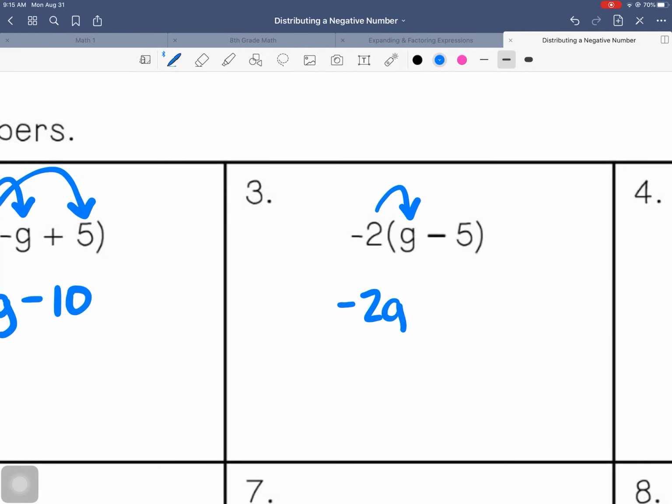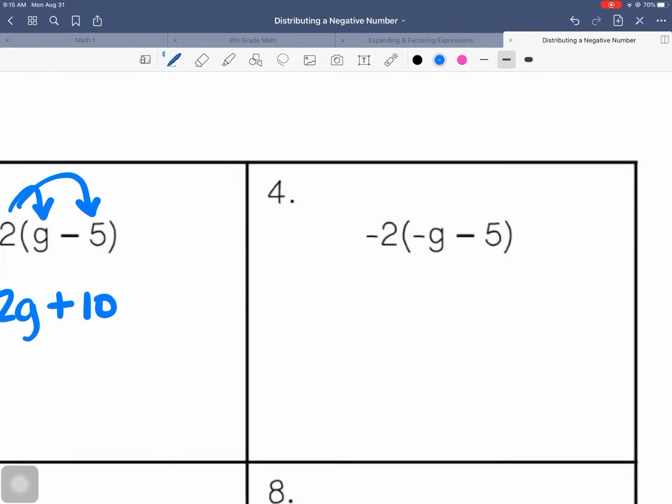Negative 2 times g is negative 2g. Negative 2 times negative 5 is positive 10. Negative 2 times negative 2g is positive 2g.